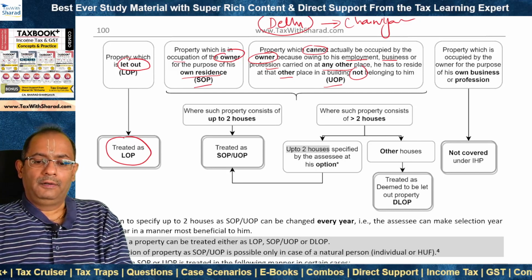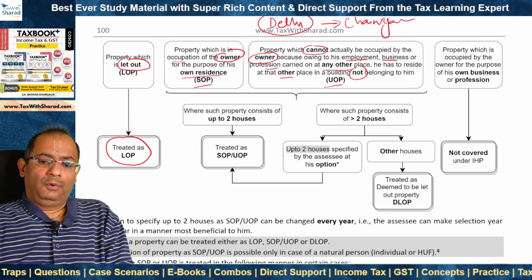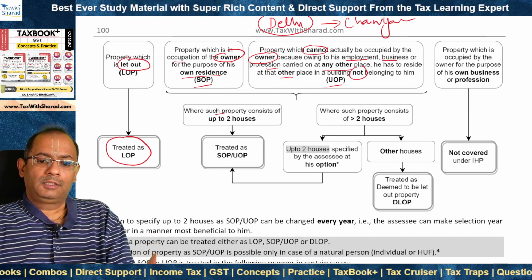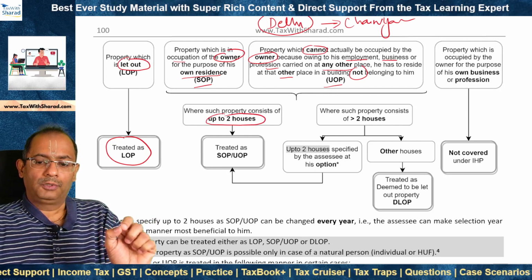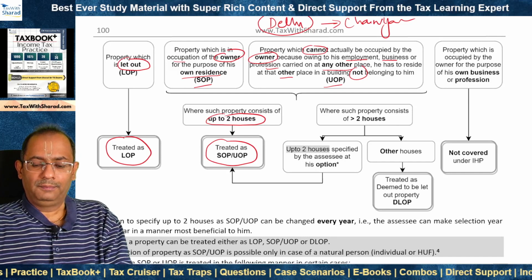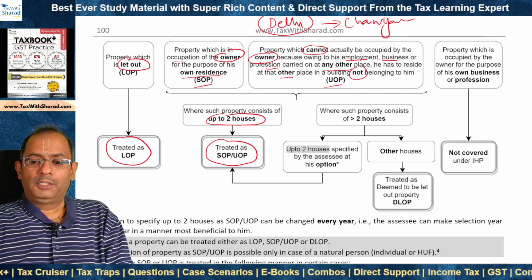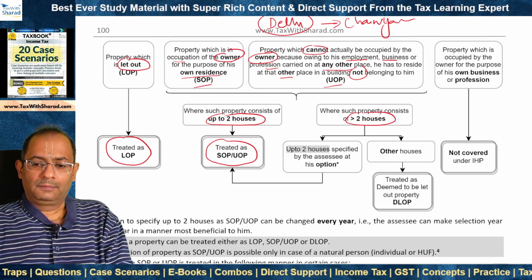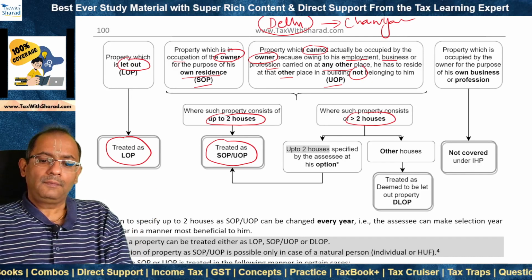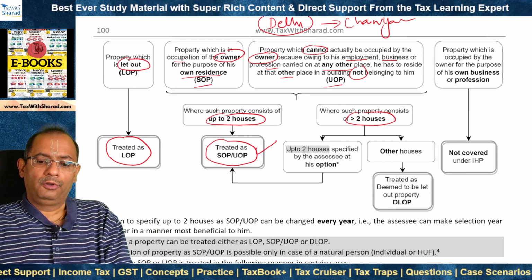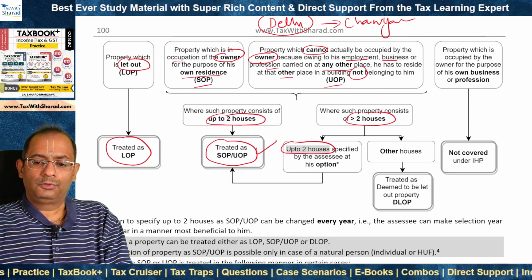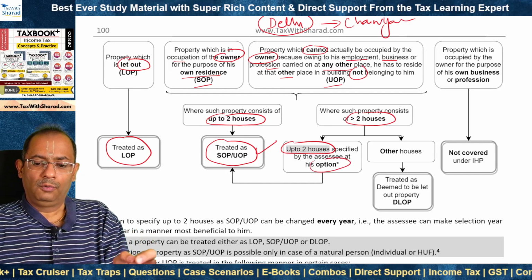Now, what is the tax treatment in respect of SOP or UOP? Where such property consists of up to two houses, then the tax treatment of those up to two houses is that of SOP or UOP. However, where such property consists of more than two houses, then the tax treatment is that of SOP or UOP, but only for up to two houses, and those two houses can be specified by the SSE at his option.